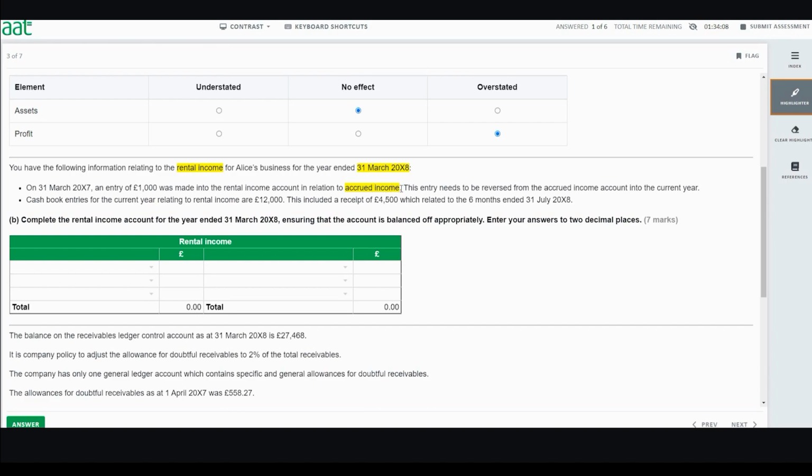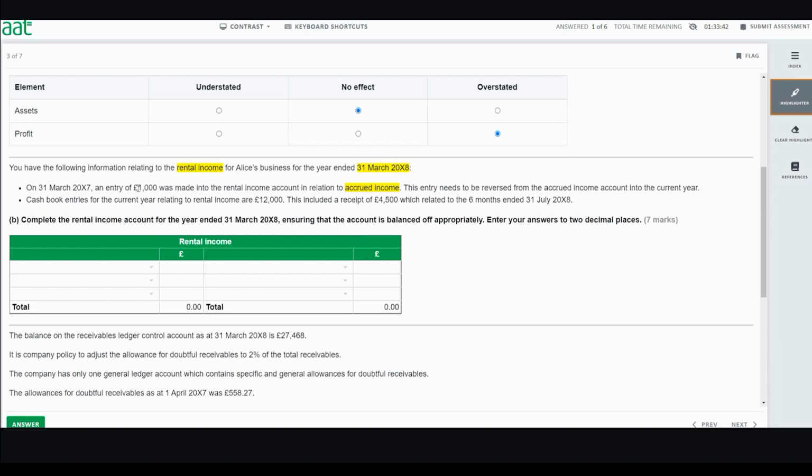Income. It's not expenses, okay? So when we account for income, it always goes on the credit side. So what we've said here is that last year, we were owed an additional £1,000 of rental income. So we would have added it to the amount that we got, which was on the credit side.